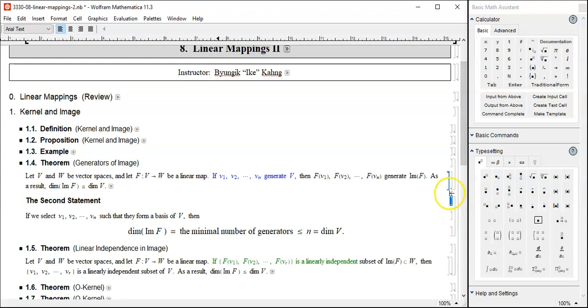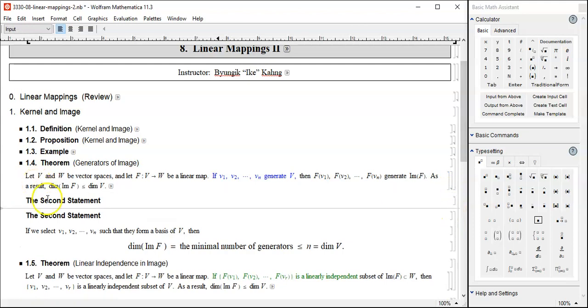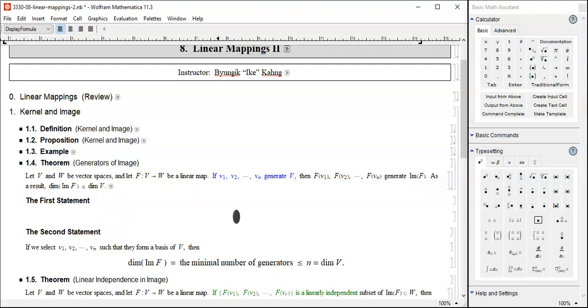Okay, how about the first statement? What do we have to prove? We want to prove that these generate. So this is what we want to prove.